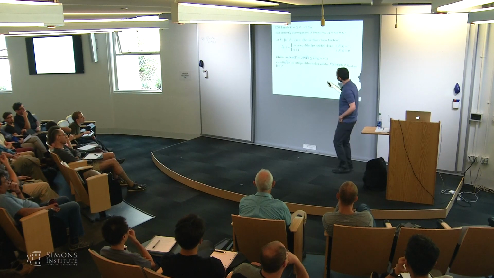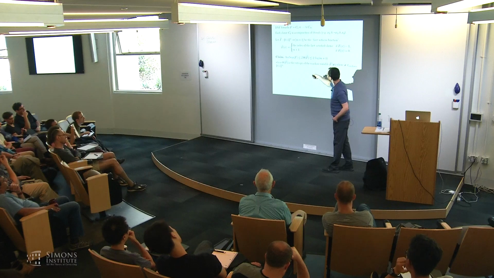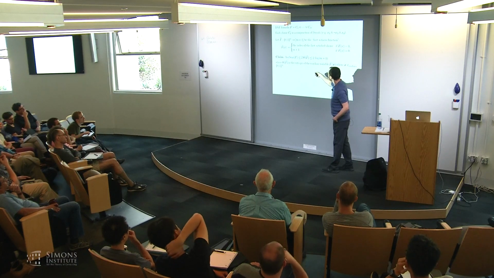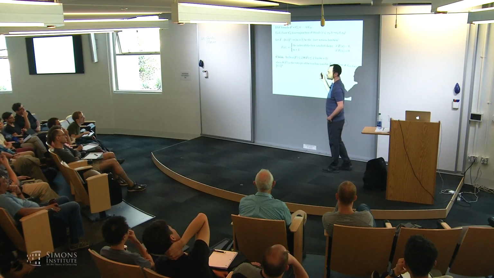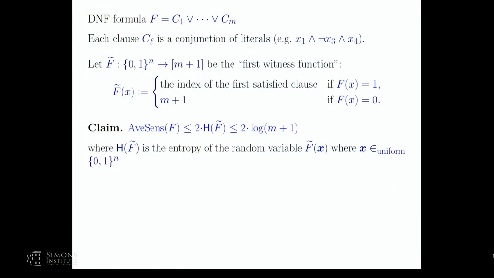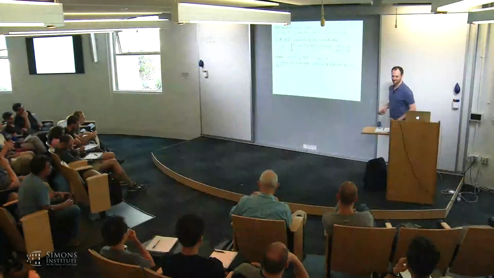Of course, it is interesting that we get an upper bound on average sensitivity in terms of entropy. I don't know if the entropy of this first witness function is itself an interesting quantity, and I'm not sure what you could do with it. Okay, good. So after the break, we'll see the switching lemma.